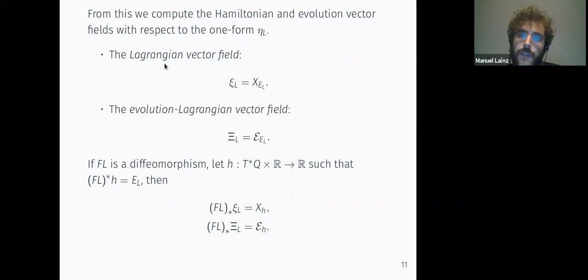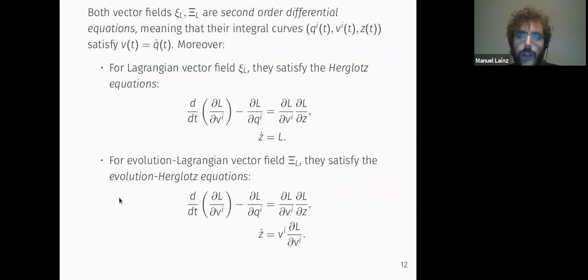I will call these the Lagrangian vector field and the evolution Lagrangian vector field, and I will denote them by lowercase chi for the Lagrangian and uppercase chi for the evolution. And the Legendre transform works as it should. It takes one vector field onto the other if the Lagrangian is regular enough.